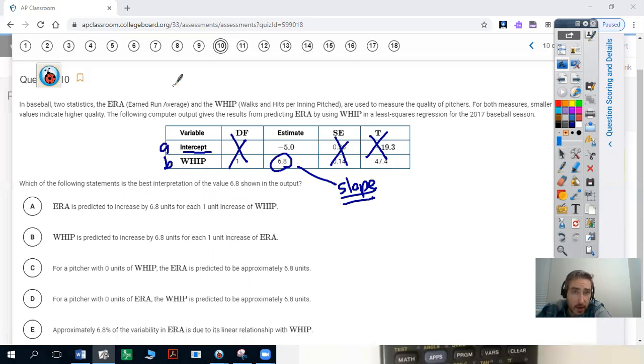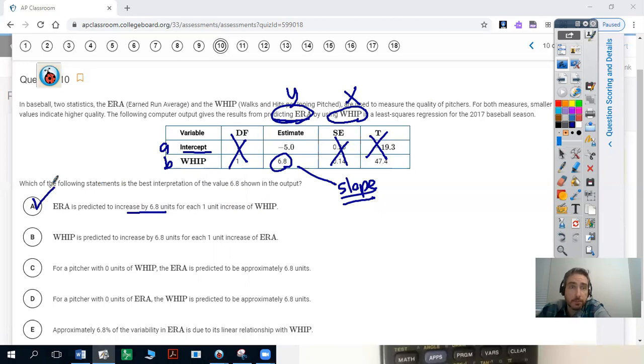Well, what's the X value? We're predicting ERA by using the WHIP. So WHIP is your X, ERA is your Y. So for each 1 unit increase of the WHIP, we would expect our ERA to increase by 6.8 units.